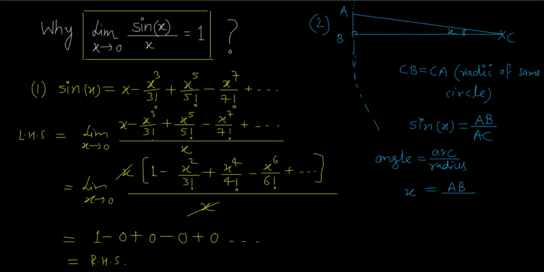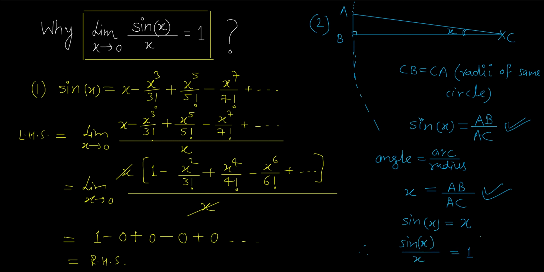For the radius you can write any of them, so let's write AC. Now you can see that the sin x value and x value which we have written are both the same. So we can say that sin x is equal to x, and therefore sin x divided by x will be 1.